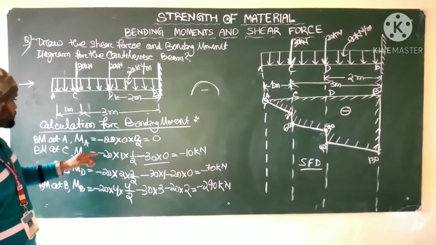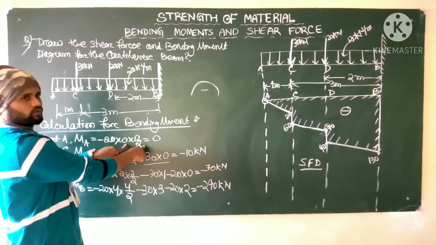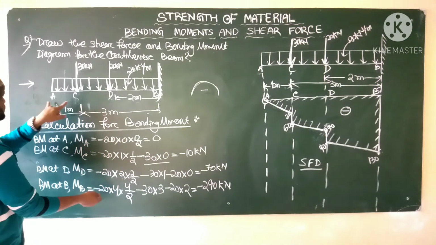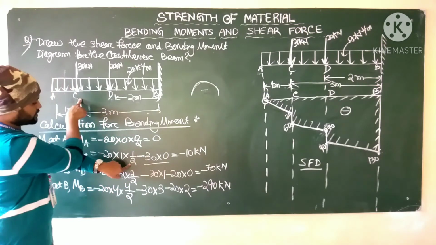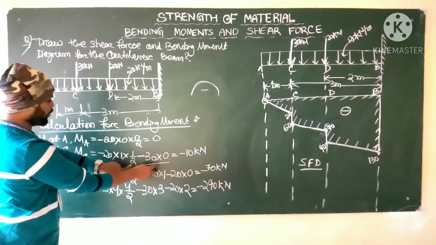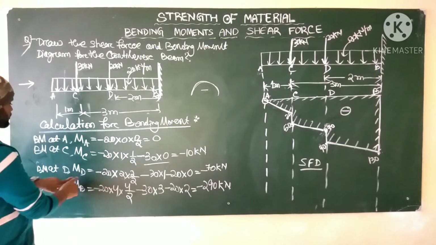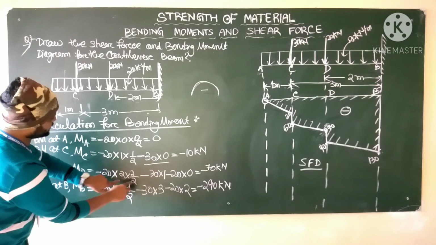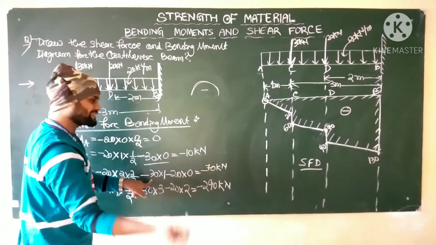Here you will see at the point A, starting point, 20 into 0 into 0 by 2, but at C the distance is 1 meter, so 20 into 1 into 1 by 2. For the 30 kilonewton point load, the distance is 30 into 0. Next at D, 20 into 2 into 2 by 2, now the distance is increasing, so for the point load also the distance is increasing.